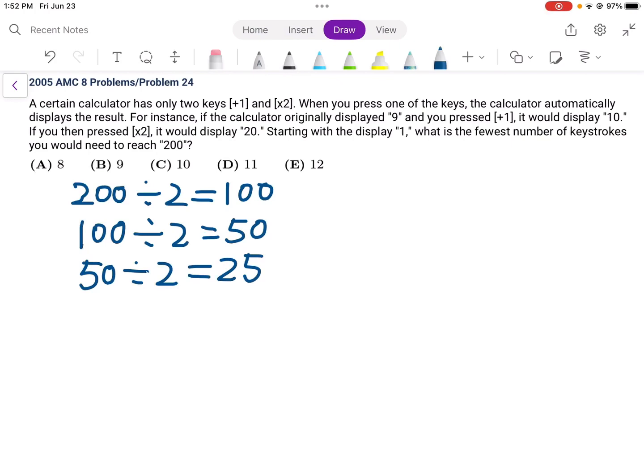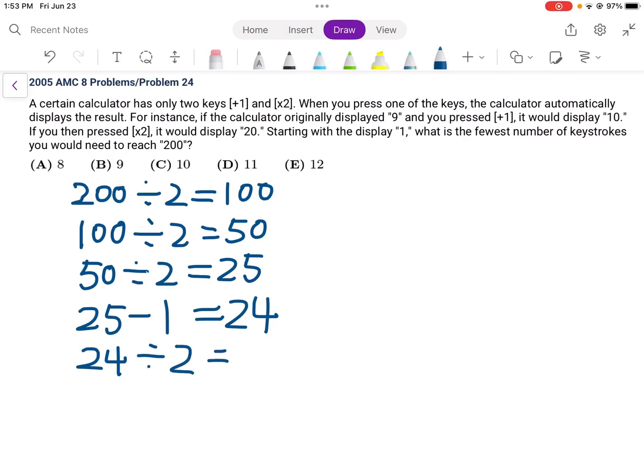Now 25 is an odd number, so we have to use 25 to subtract 1 to make it even, that's 24. And then we can use division again. 24 divided by 2 equals 12. And similarly, 12 divided by 2 equals 6.